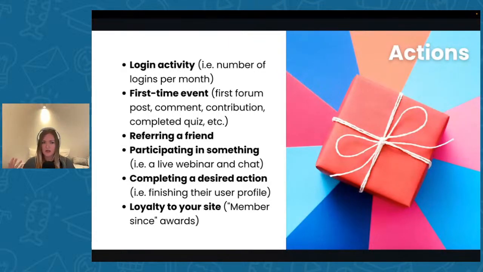Login activity, like number of logins per month, or you've logged in every day this week. First-time events, like first forum post, comments, contributions, completed quizzes, etc. Or you've completed your first course, here's a reward. Referring a friend, participating in something like a live webinar or a live chat or some other event.